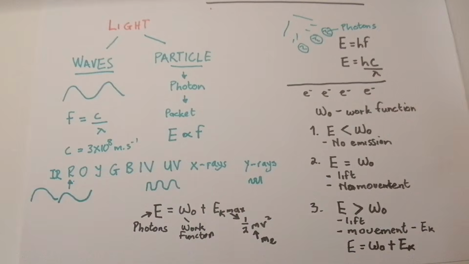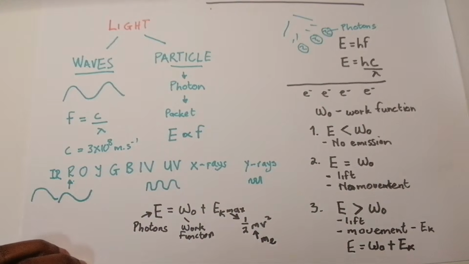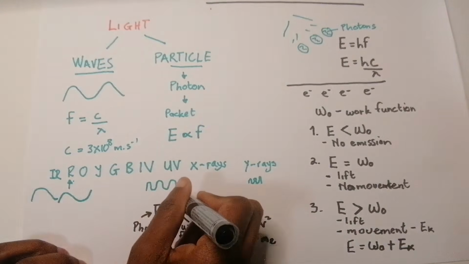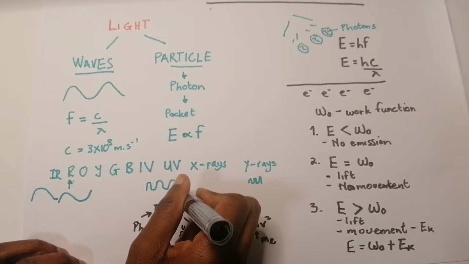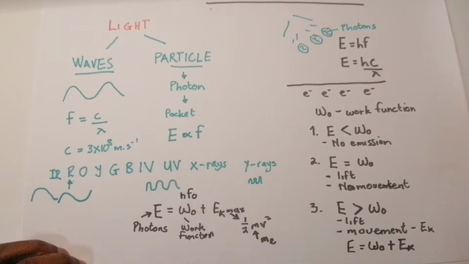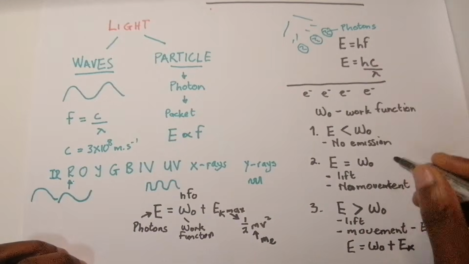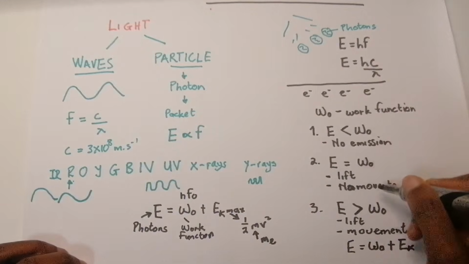Now, quickly, I spoke about the work function here, but exactly how do we calculate the work function? Well, we say the work function will be h multiplied by f0. Now, if you remember, I'm just going to bring you back here. Where do we get this work function?